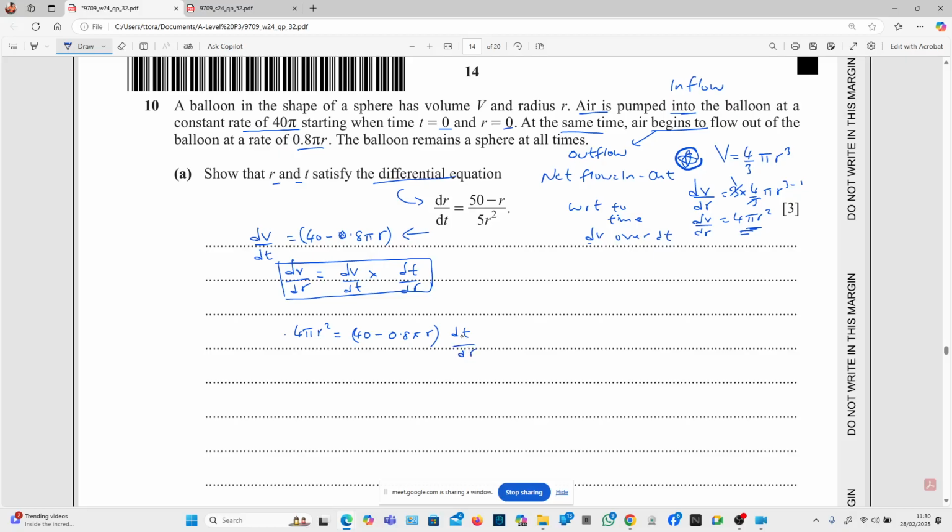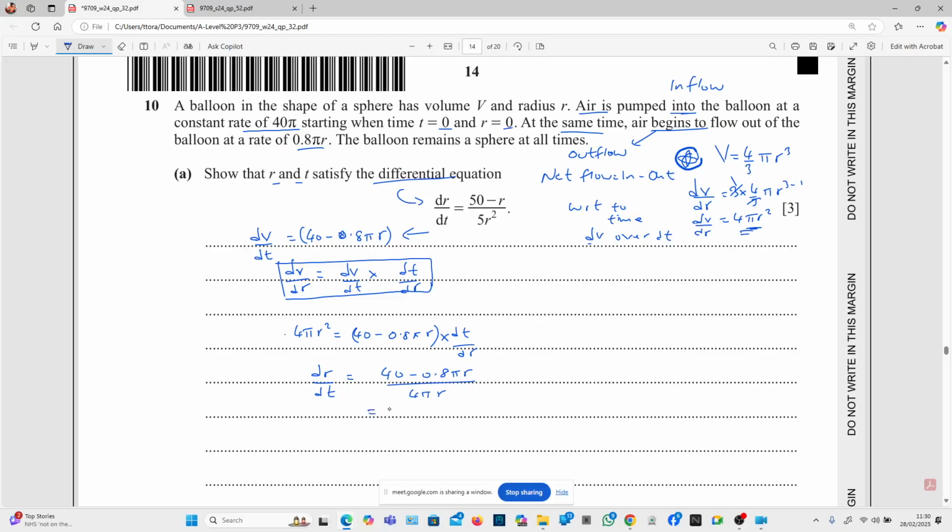We have dt over dr here. There was the one, dr over dt, so we're going to have to swap this around. The dr can go on the other side, and the dt goes down on the other side. And over here, I've got 40 minus 0.8 pi r, all of that divided by 4 pi r squared.